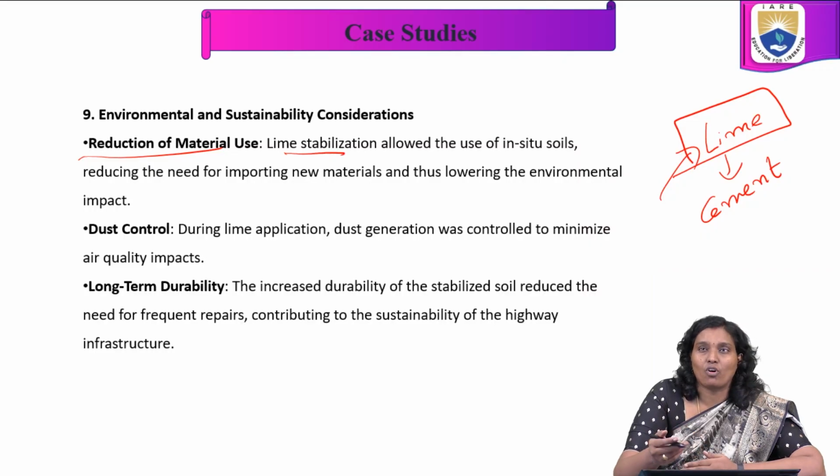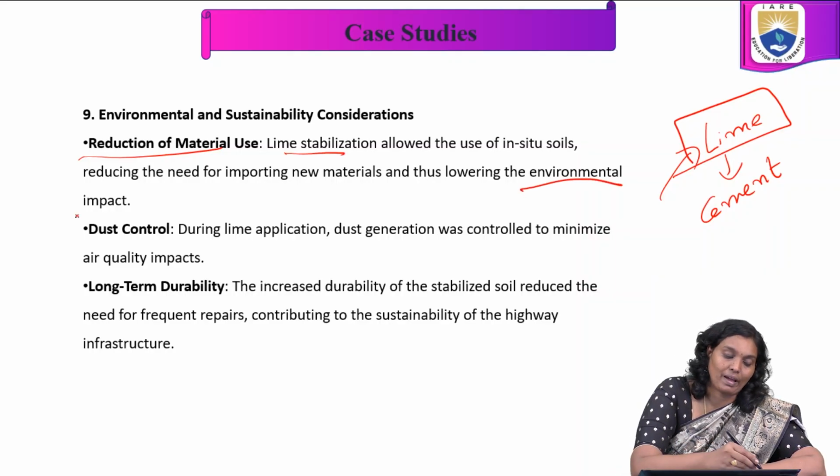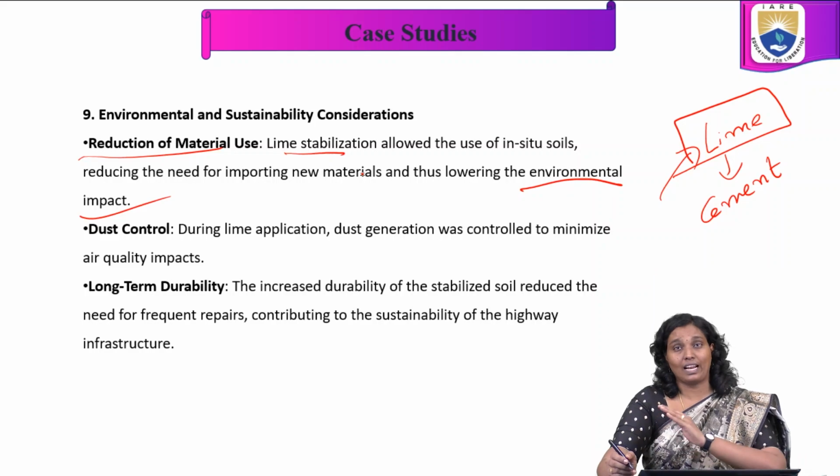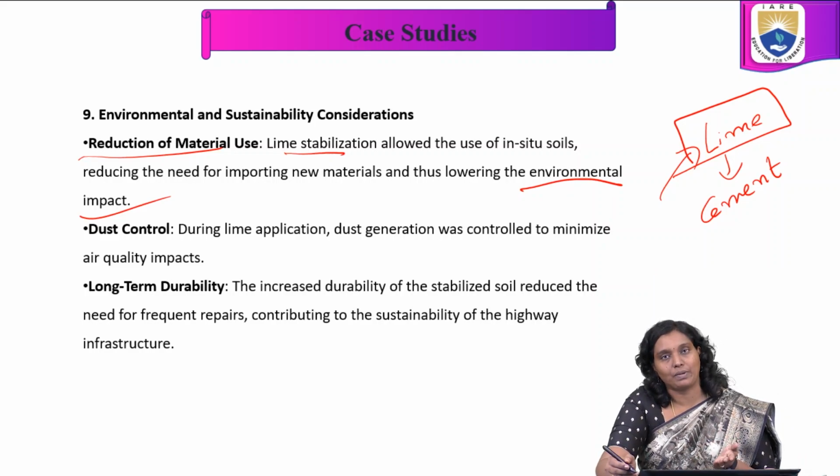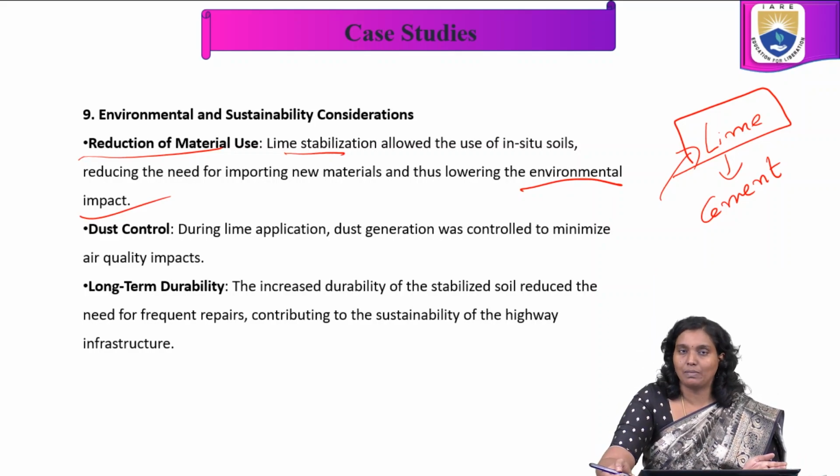It affects the environment, and the sustainability is not going. So that's why we may reduce the need for importing new materials and thus lower the environmental impact. Because the lime we are using in so many aspects, cement is the best example for civil engineers.